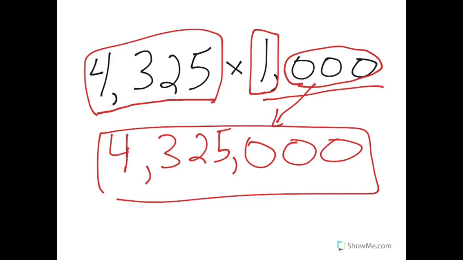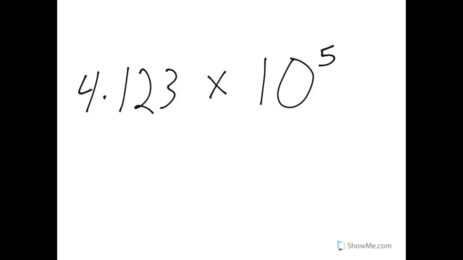Now, let's say, just for example, that number had been 10,000. Well, we just would add another 0, and we'd have to move around our commas, but we just add another 0. Okay, when you see 4.123 times 10 to the 5th power, the first part is a number that is greater than or equal to 1 and less than 10.